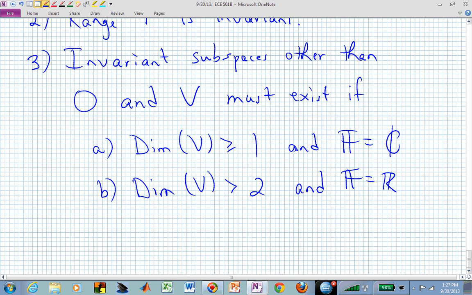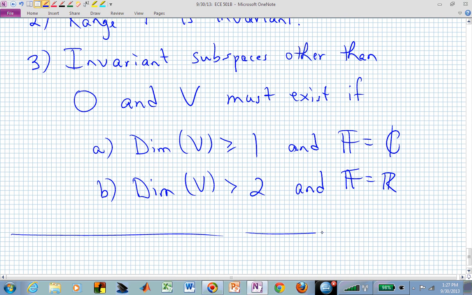And so it wouldn't have an invariant subspace because there are no eigenvalues. So we need the dimension of V in general to be bigger than 2 to be guaranteed an invariant subspace when we're dealing with our field being the real numbers.